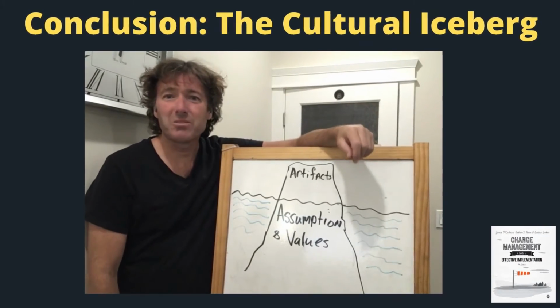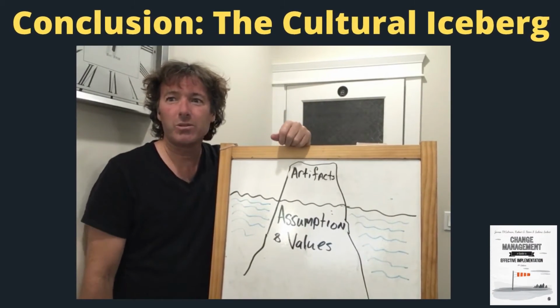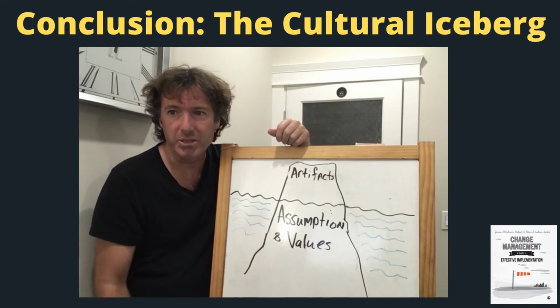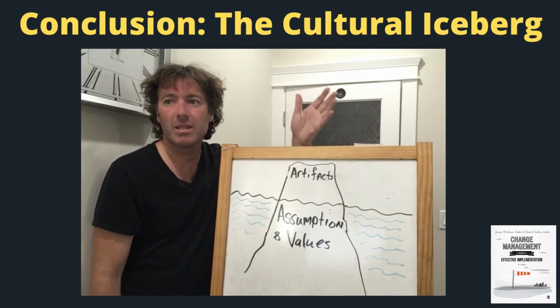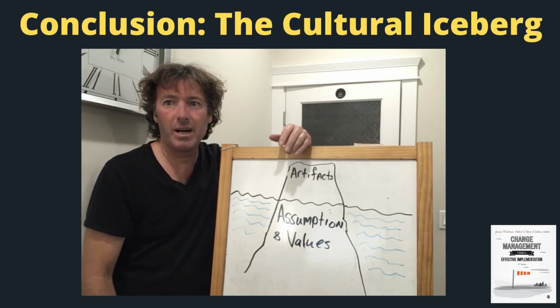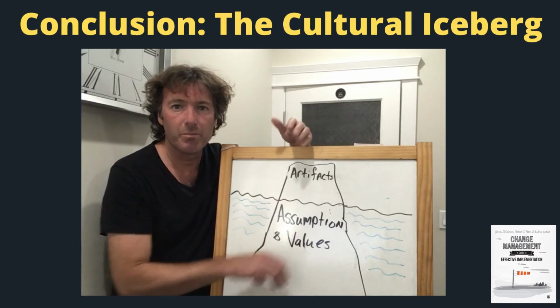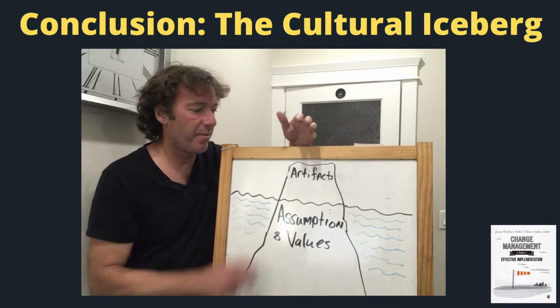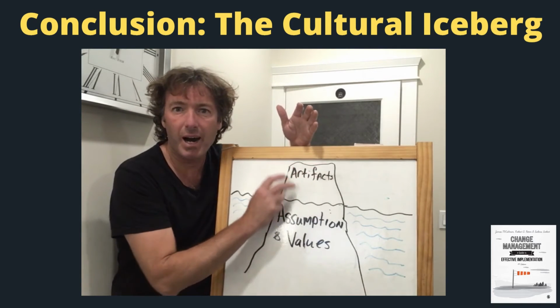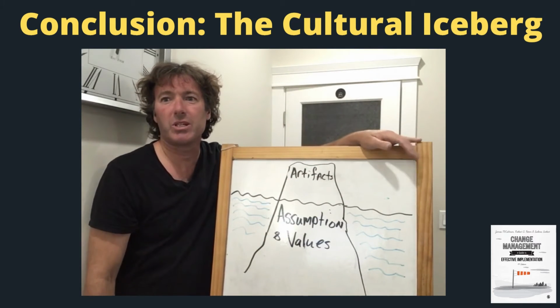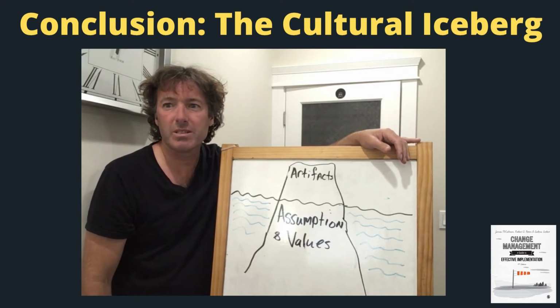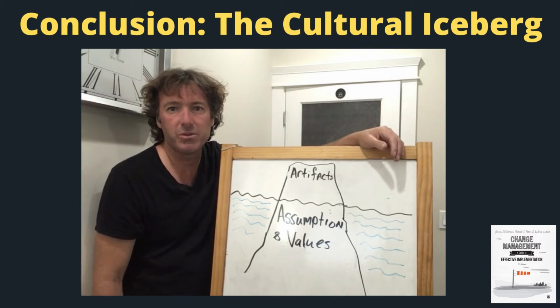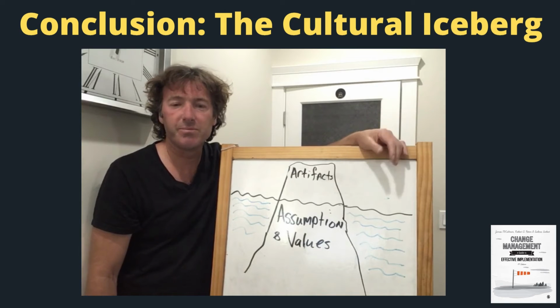So, as we've seen, cultures are built on assumptions, and these assumptions and values are subcultures below the waterline. Above the waterline, we have the 4 types of artifacts, which are ritual, process, conceptual, and material.